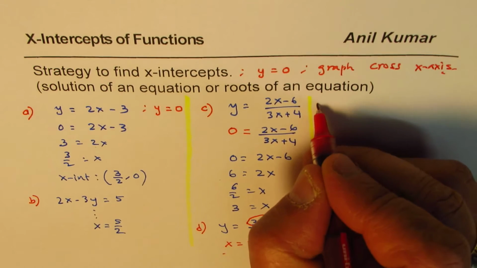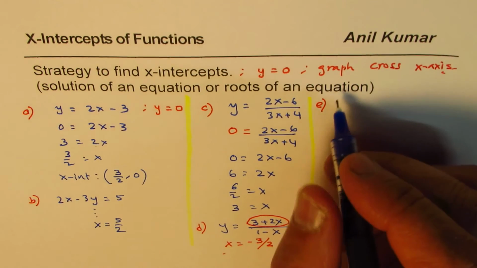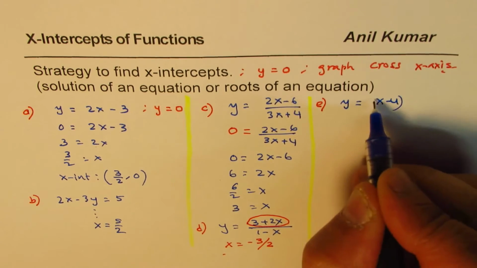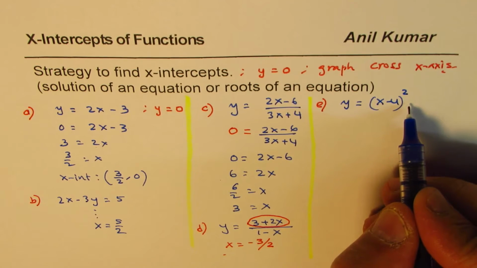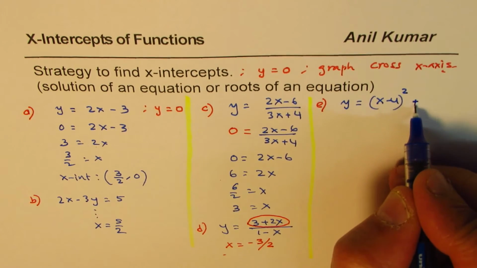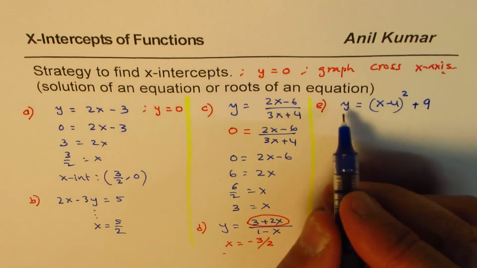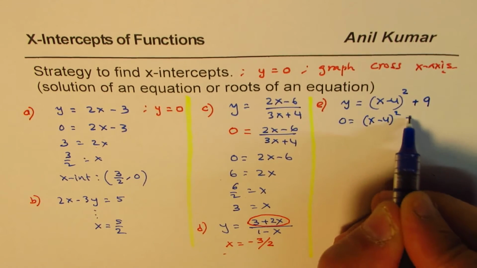Let's take up another example. This time I'm taking a quadratic equation. Let this equation be y equals (x minus 4) whole square. Now if I write a positive number here, will it have an x-intercept? No, it won't. Let me show you. Let's say a positive number 9. In that case, if I write 0 for y, 0 equals (x minus 4) whole square plus 9.